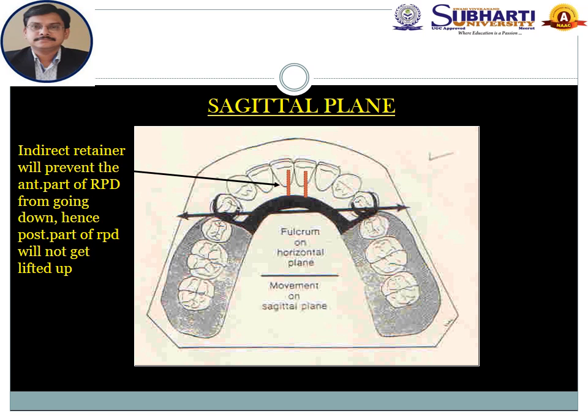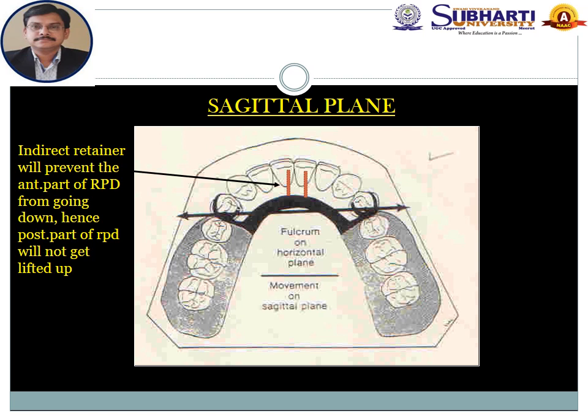Now here we can see that the rotational axis or fulcrum is present on both the premolars, and it is passing through the rest of the RPD. So if we have to divide the RPD, just for the sake of understanding the movement, the part of the RPD which lies anterior to this fulcrum is the horseshoe shape black color major connector, and the part of the RPD which lies posterior to this fulcrum or rotational axis is nothing but our artificial teeth.